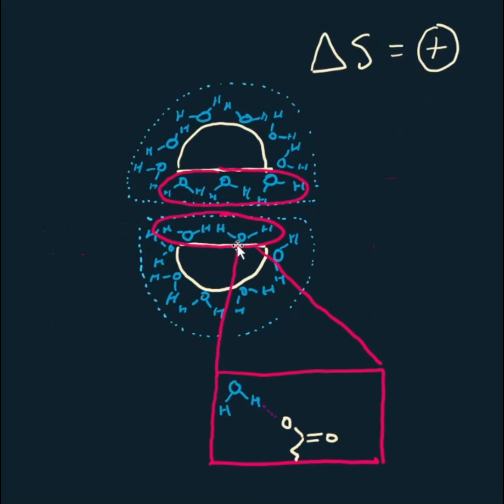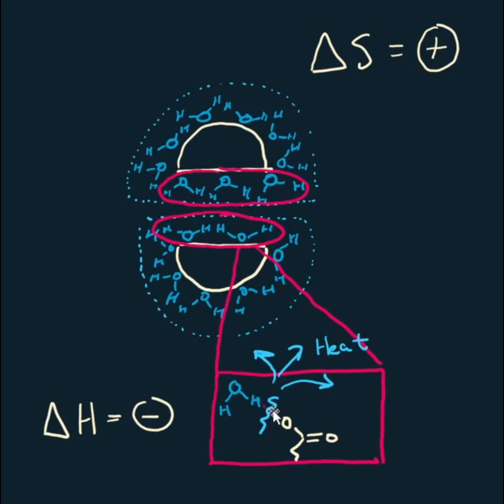And then whenever we're talking about delta H, right, that's bond forming and bond breaking. So when these water molecules are kicked out, these hydrogen bonds over here between the water and the hydrophobic groups are going to be broken, and that's going to release energy as heat.